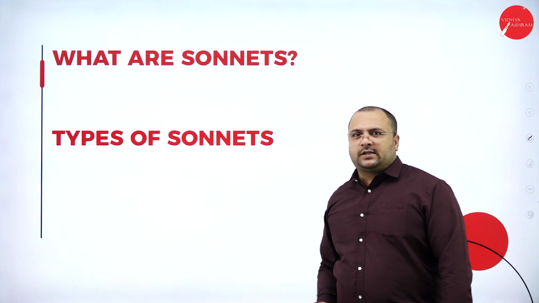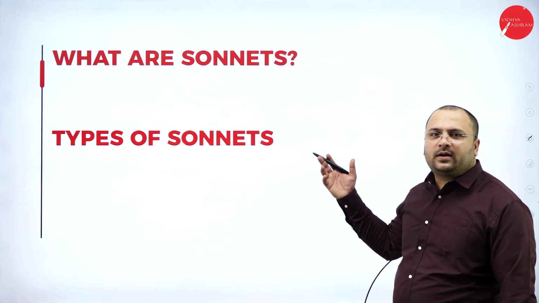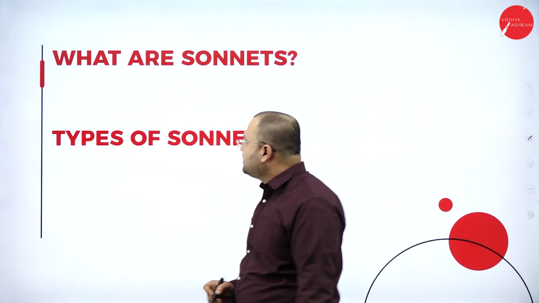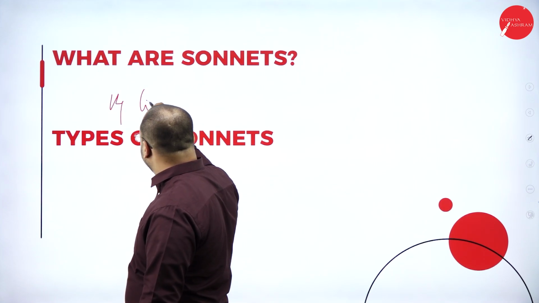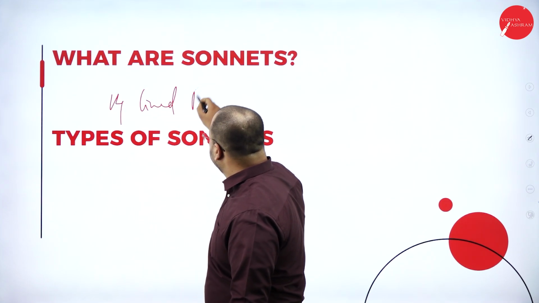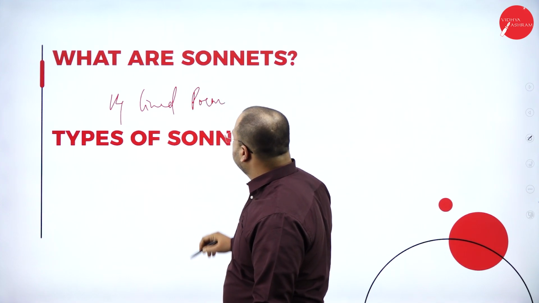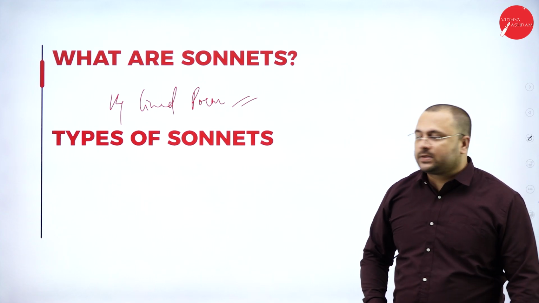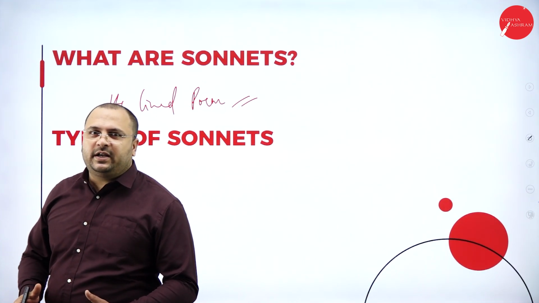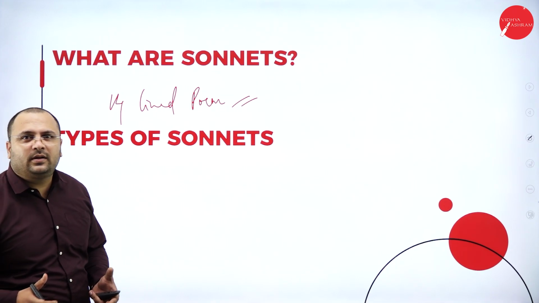So what are sonnets? How do you understand what a sonnet is? A sonnet is a 14-lined poem. So sonnets are 14-lined poems. Types of sonnets: sonnets can be broadly classified into two major types.